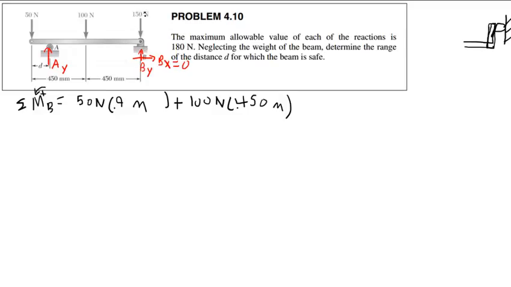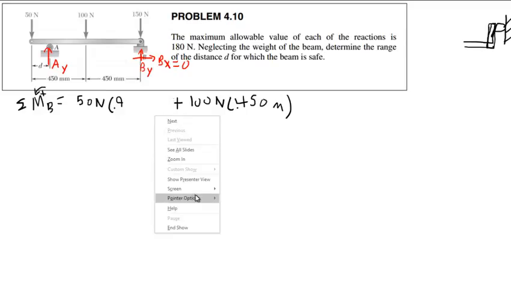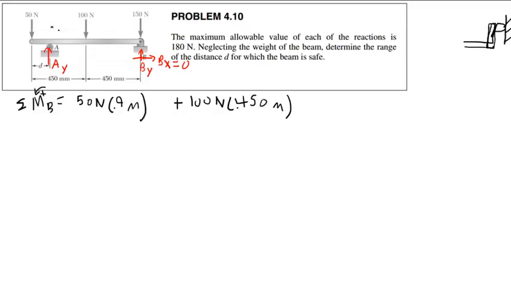The 150 newton force will not generate a moment about point B because its line of action passes directly through point B. Again, what I'm using here is the method of perpendicular distances. So for the 50 newtons, the perpendicular distance from its line of action to point B is 0.9 meters. And then the same thing here.